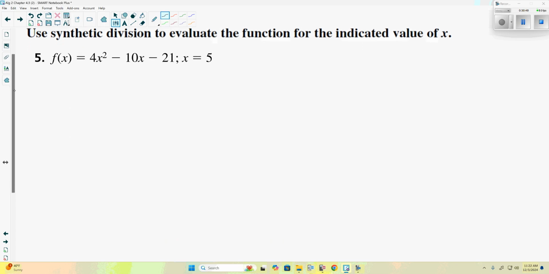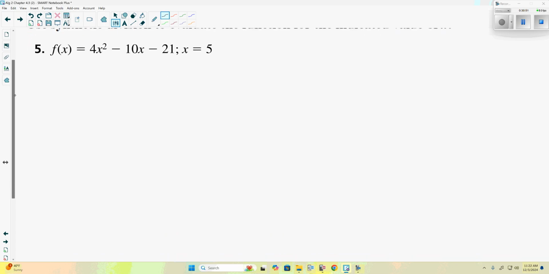But that does tell us something kind of important, because if we plug a value in, we evaluate it, and it gets us a value of 0, it means it's a solution, which means it will divide evenly. So here, if we're going to do this, we'd plug 5 into the cubby and put the numbers across the top. So 4 for x squared, negative 10, negative 21.